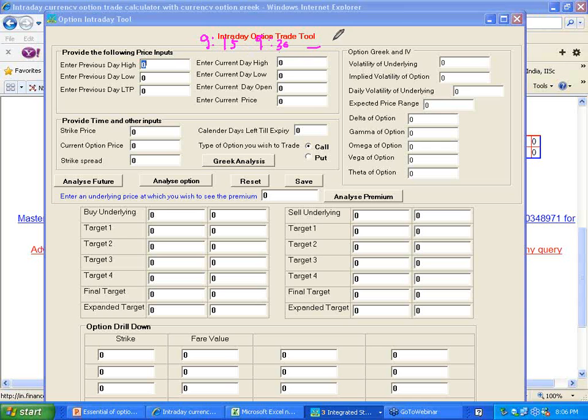So a minimum 15-minute gap you can give. Maximum there is no limit. You give the previous day's high, low and last traded price. You give the trailing 15 minutes' high, low, open and price. Suppose you are reporting by 1 o'clock or 2 o'clock, this is 2 p.m.